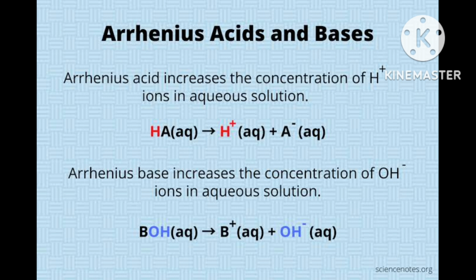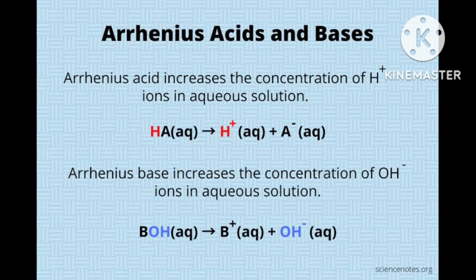And what happened to H2O? H2O lost H plus, meaning it donated H plus. Now after donating, only OH minus is remaining. H2O lost one proton, it donated one proton. That's why H2O is the acid. This is important here.